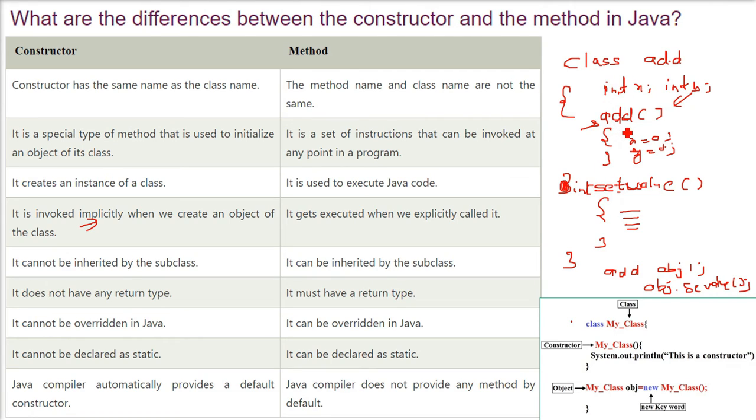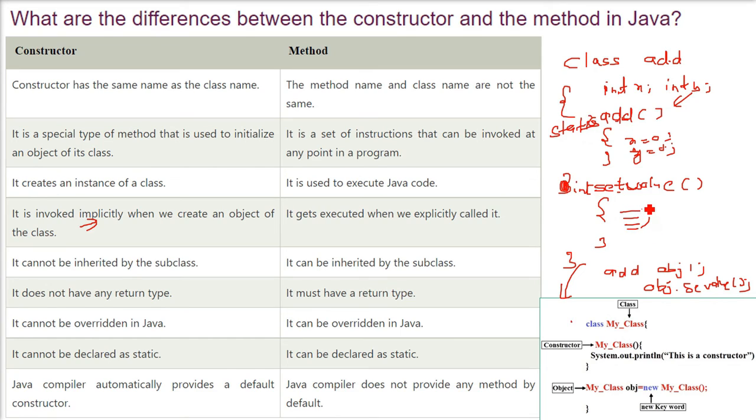Methods have a return type. In Java, you cannot override the constructor, but a method you can override. Overriding is all about, if you are inheriting, making the same function in a different way.